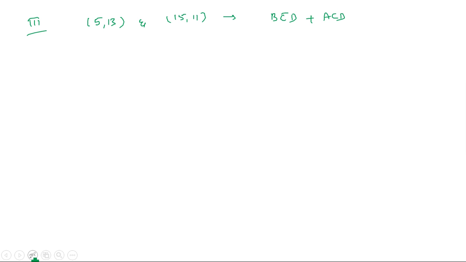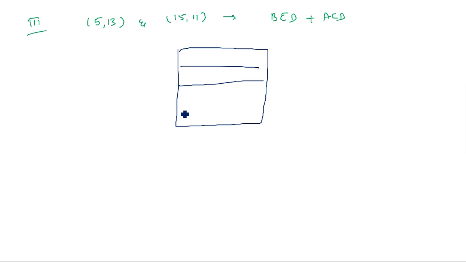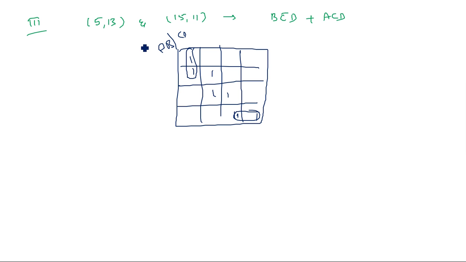Okay. See, from the K map you can take it as A B C D 1 1 1. These two are essential prime implicants which are already mapped. Now what is our combination? 5 and 13. 5 comma 13 means this is 5, this is 13.